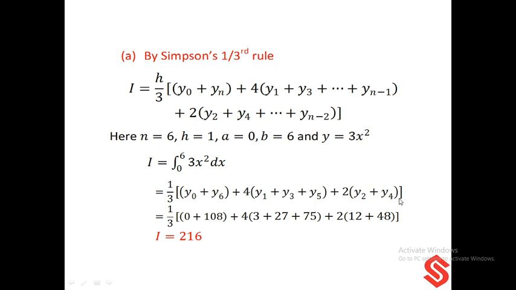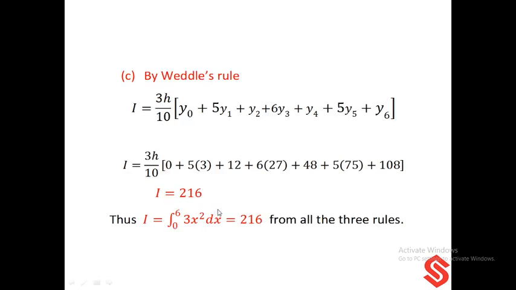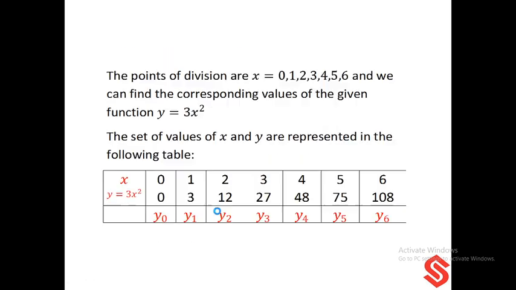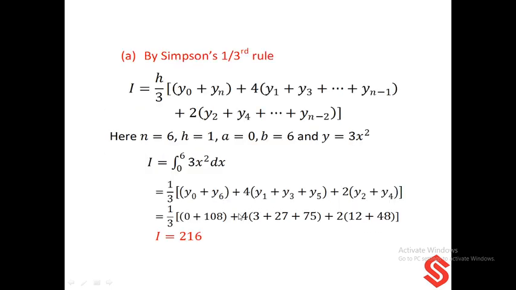Of course y6 is also even, but we already used y6 in the first term y0 plus y6. So you should write the third term as only 2 into y2 plus y4. So substitute the values from the table, you know the values of y0, y1, y2, y3, y4, y5, y6. You substitute the values and simplify, we get I is equal to 216.